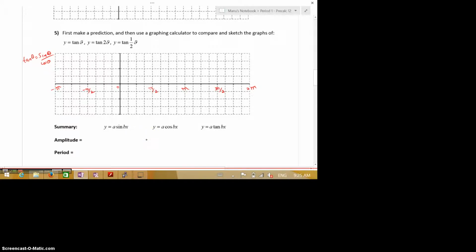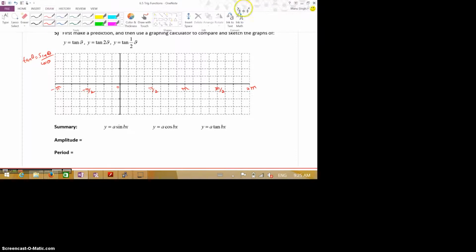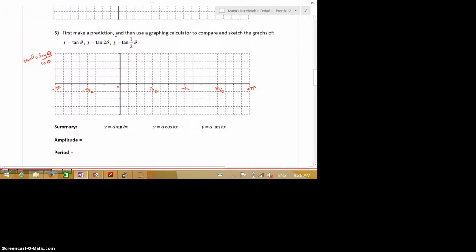So we're going to have our asymptotes wherever cosine of theta is 0. Cosine of theta is 0 at pi over 2 and 3 pi over 2. So at pi over 2, I'm going to have an asymptote. And at 3 pi over 2, I'm going to have an asymptote. Tangent is going to be 0 wherever the top part is 0 of that fraction, which means wherever sine is 0.